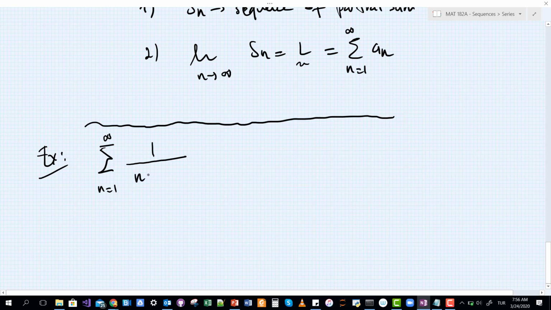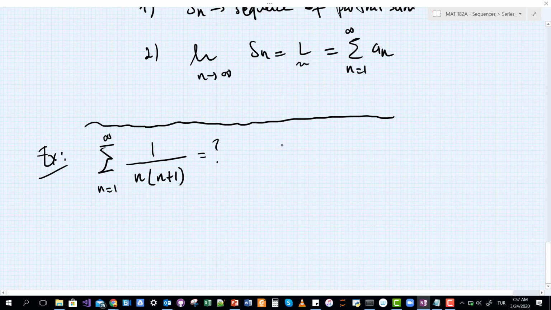Look at this problem. The question is the same. Is this series convergent? If it is, can you find the sum? We asked the same questions. As you see, the first tool I learned is this one.